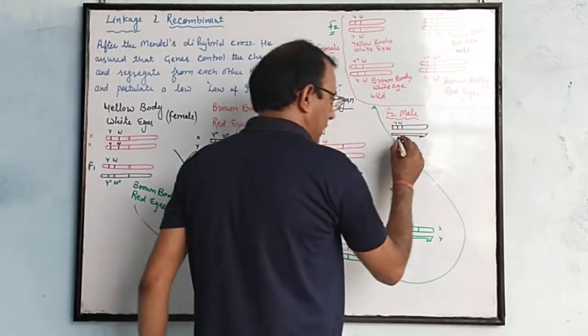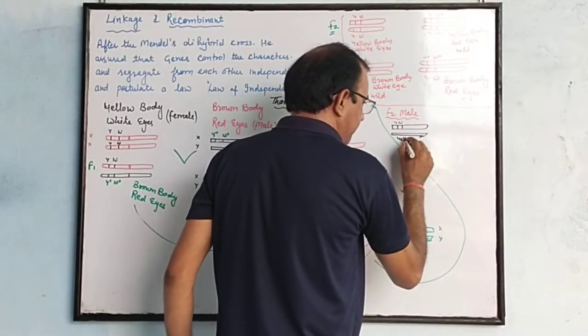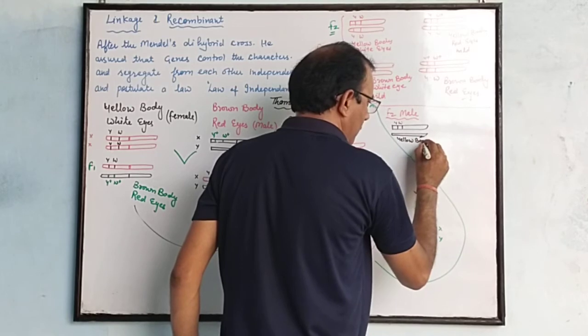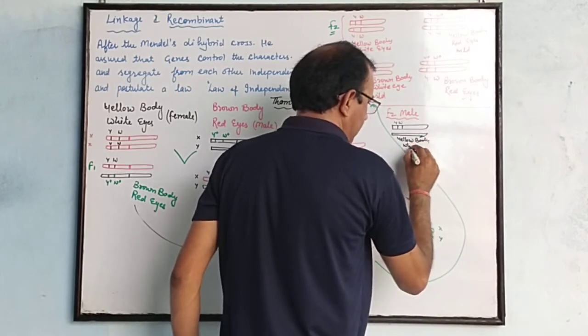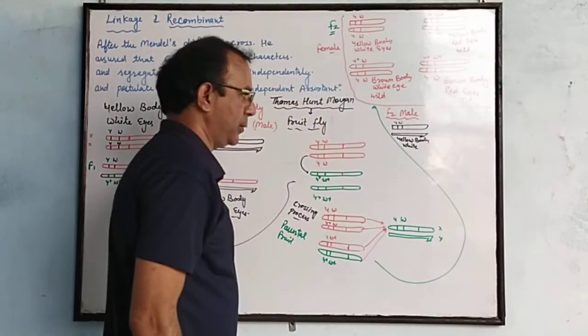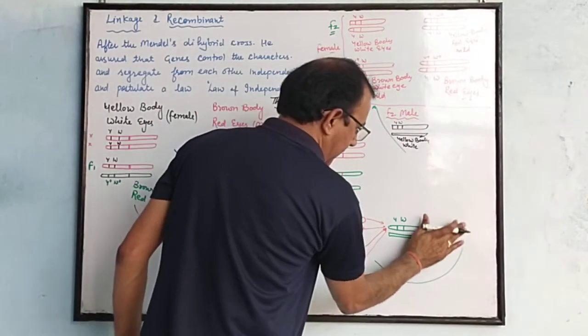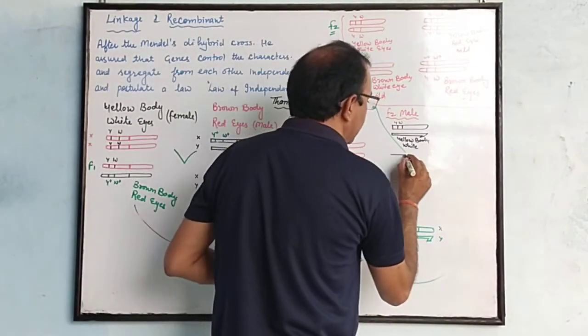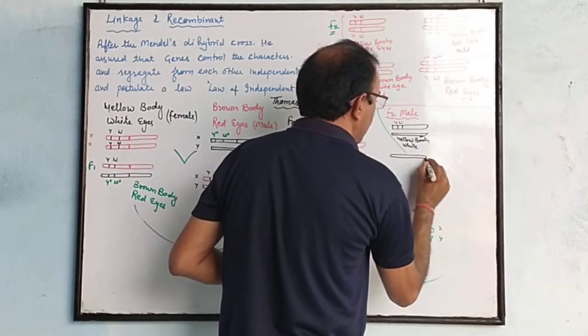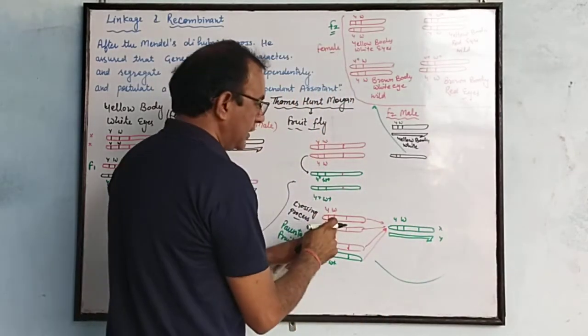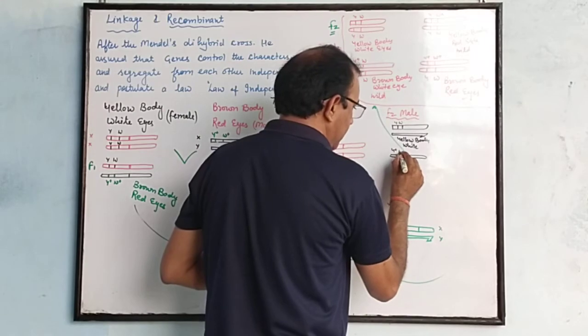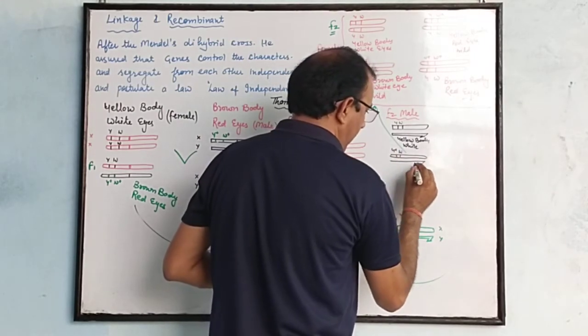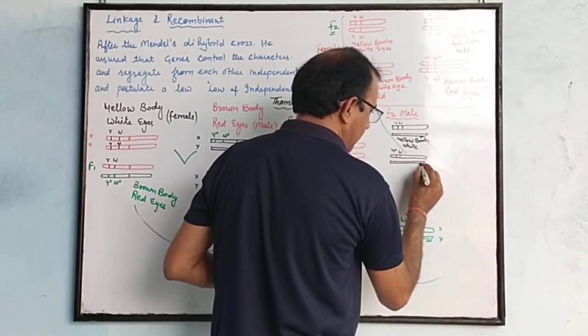So what male is produced? Yellow body, white eyes. One male will be produced in this way. And again, this X is Y plus W, and with the Y there are no genes present.